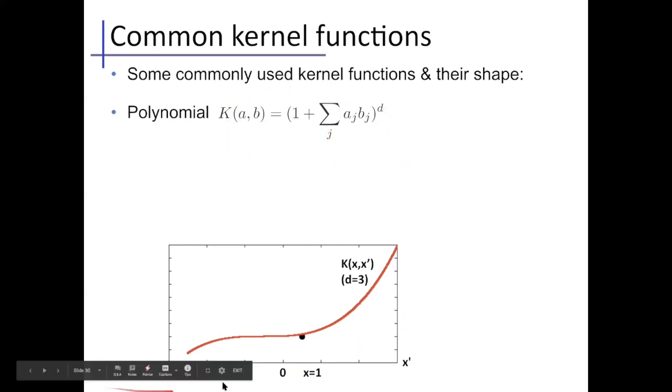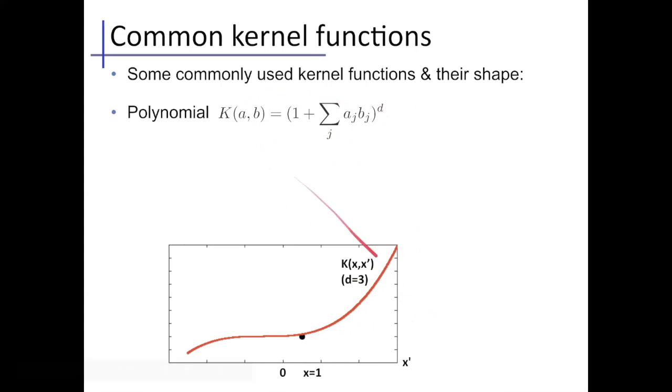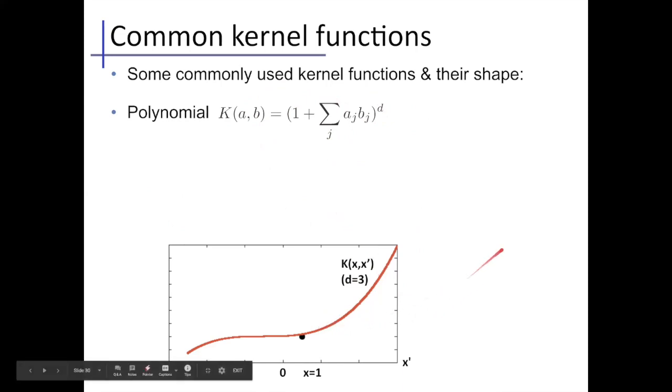In functional form it looks something like this when x has one dimension. When A and B have one dimension, you can plot this kernel function, and it looks like this if D equals 3. Remember that a kernel gives you a measure of the similarity between two data points. Here, when A and B are along the same direction, they have a higher similarity than those in the opposite direction.